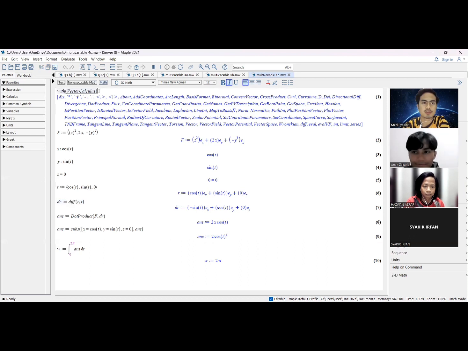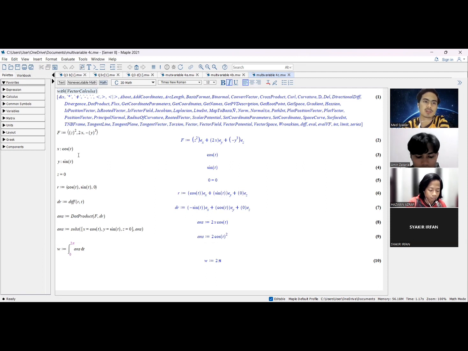Firstly, we have to type with (vector calculus), and then we type f equal to (z squared, 2x, minus y to the power of 3), and then we get like this: z squared e_x plus 2x e_y plus negative y cubed e_z.